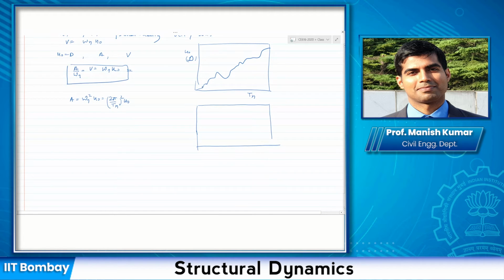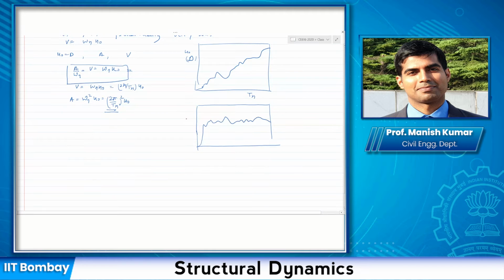So corresponding to each point, I just have to multiply with this factor 2 pi by Tn to get the acceleration response spectrum. And the velocity response spectrum I can get as omega n times U naught, or 2 pi by Tn times U naught. It would look something like this for the velocity response spectrum.